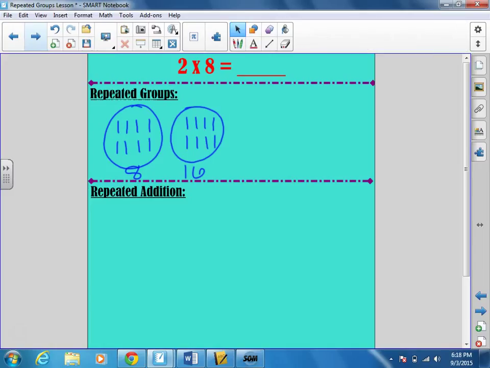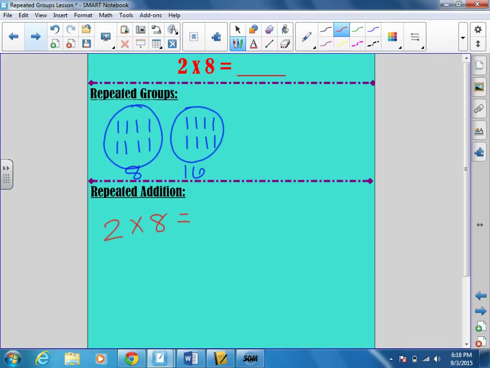We'll now solve the same problem using repeated addition. I tell students that the main difference between repeated addition and repeated groups is that groups typically use a picture while repeated addition simply uses numbers. Again, we have 2 times 8.